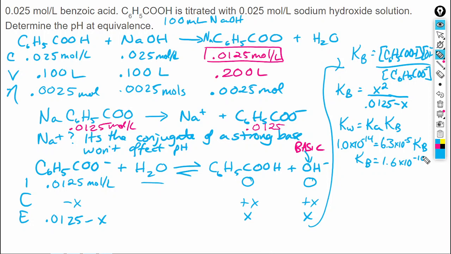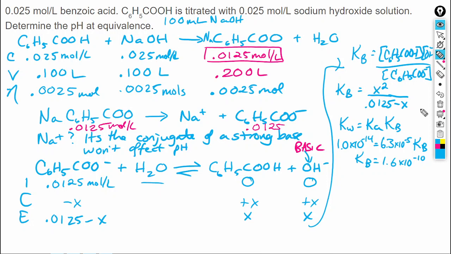And you picked a good one because I would almost guarantee this question or something very similar will be on the unit test. Got that? Okay, so now I know what the value is for Kb. If I plug this value back into my equation, would I have to solve the quadratic formula?